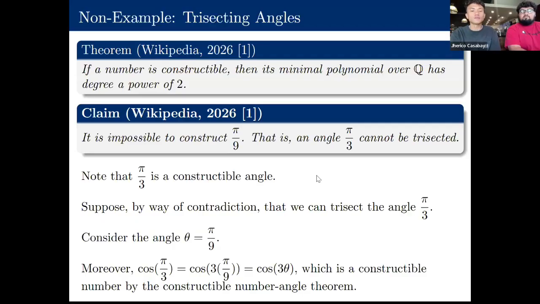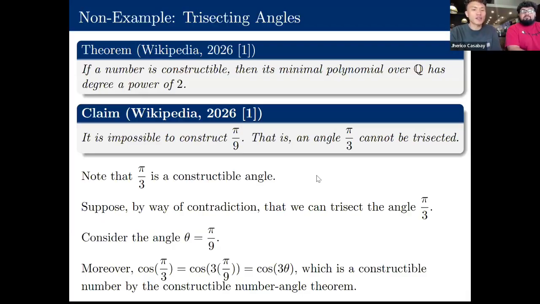So when we explore the algebra part of it and look at polynomials, we need to take note that our degrees will be 2 or powers of 2, so like 4 and 8 and all that.